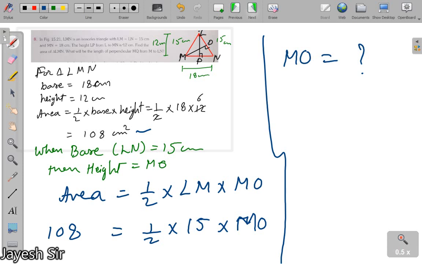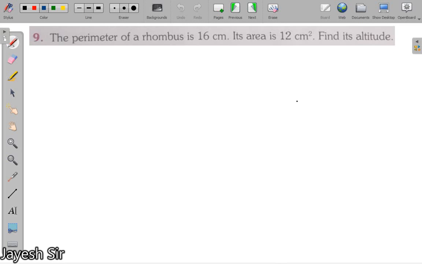Now we'll move on to question number 9, again an easy question. The perimeter of a rhombus is 16 centimeter. So first of all let me draw a rhombus for you. This is a rhombus and its perimeter is given to you as 16 centimeter.